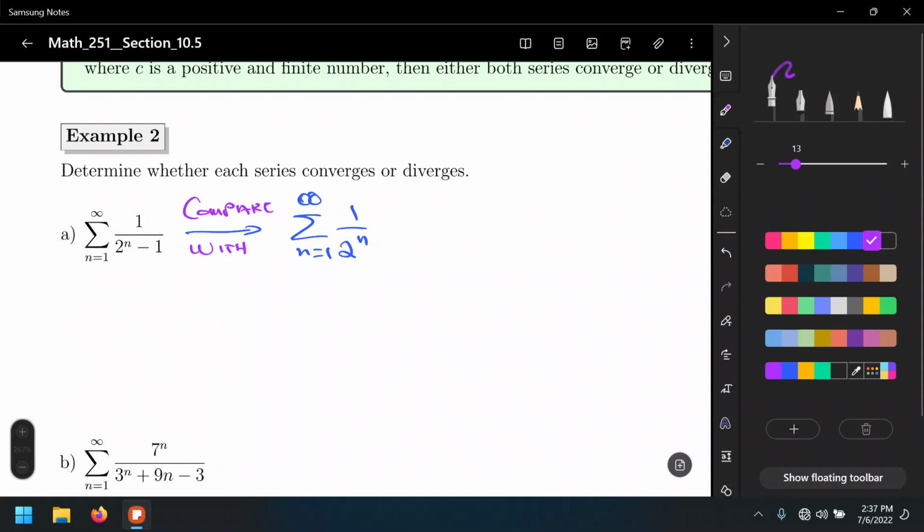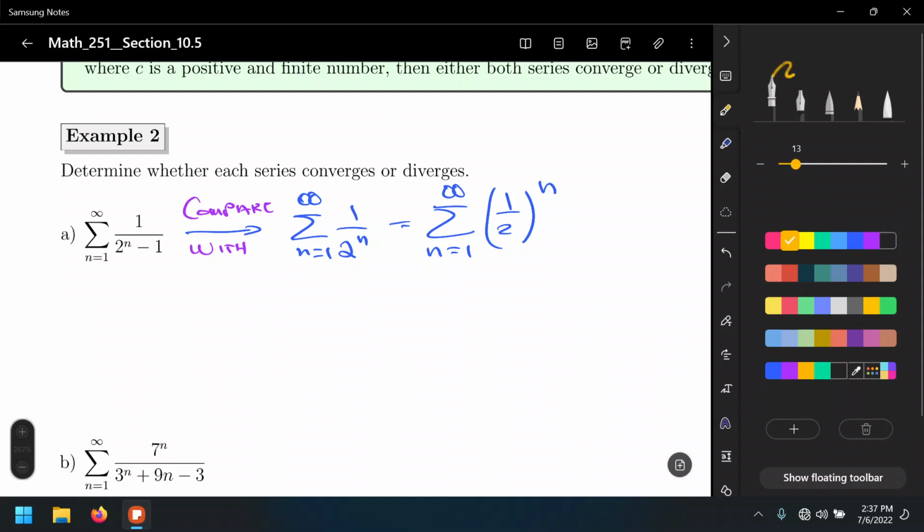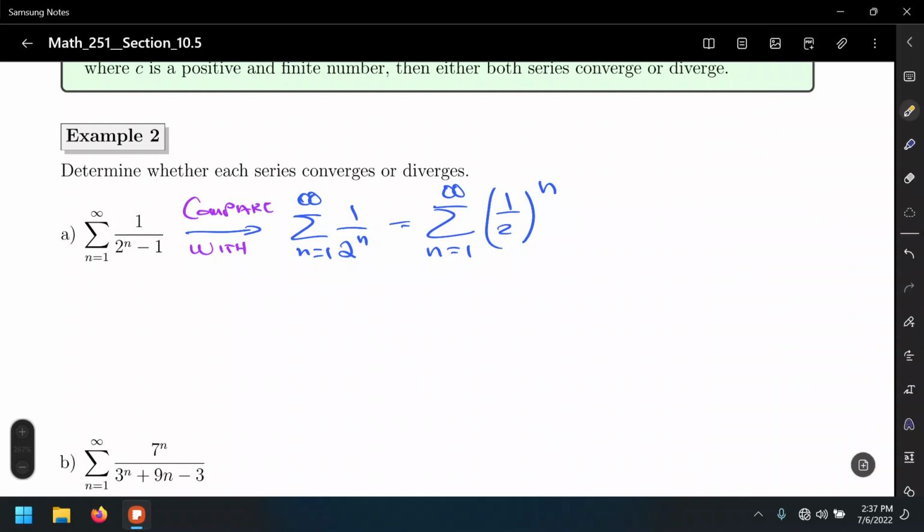This looks like n equals 1 to infinity, 1/2 to the n power, and we've seen this form of series already a few times. This is a convergent geometric series.